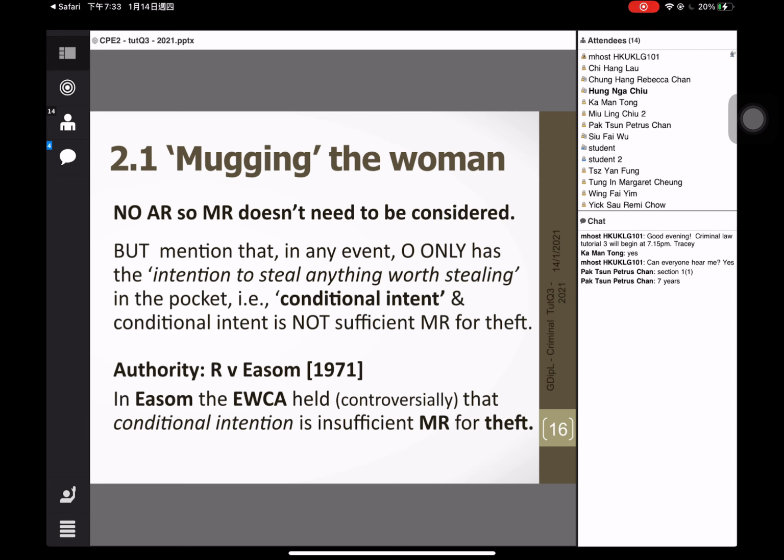But one point worth mentioning here is that the wording of the question seems to suggest that Oliver, in any event, would have what we call conditional intent. Here, Oliver only has the intention of stealing anything worth stealing.